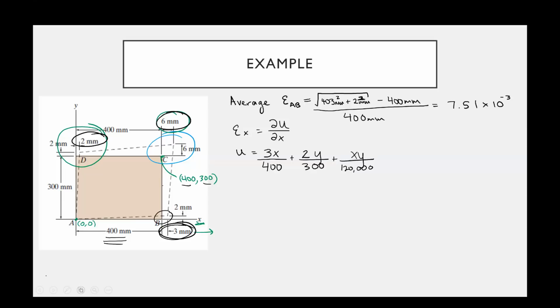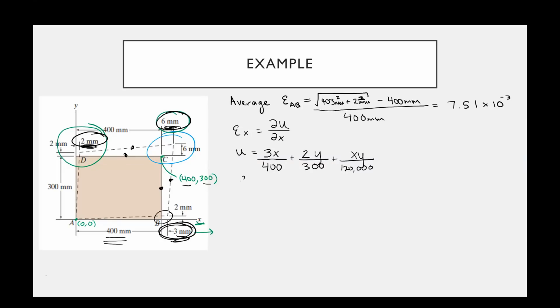And you can even check for points, say at the mid side, and what you're going to find is that you get those mid values, the average between the 2 and the 6, or the average between the 3 and the 6. So we're fairly confident that this is the equation that explains how this object is moving in the x direction.